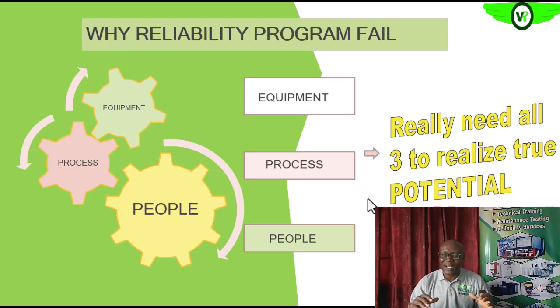Then when you go and buy equipment, maybe an infrared camera, vibration analyzer, laser alignment toolkits, lube oil test kits. Are we getting it? You go and buy such equipment, you will see that you are only looking at the asset, that is the equipment itself.